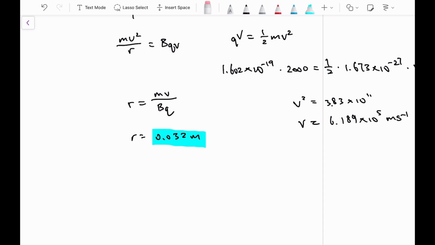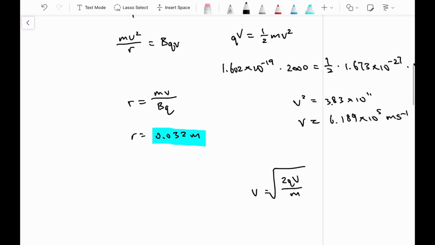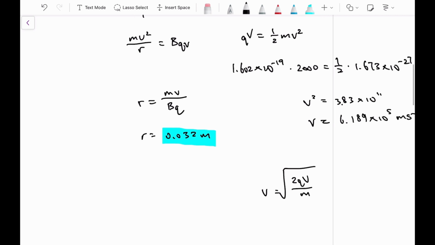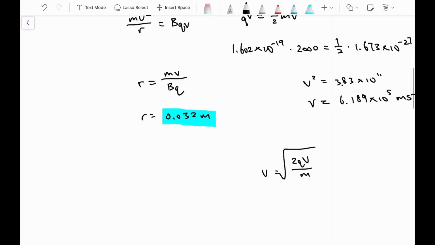Velocity will be equal to the square root of 2qV over m, from the second equation. If we put this into the equation over here, r will be equal to m times this whole thing, over BQ. The only thing that changes is just the mass.